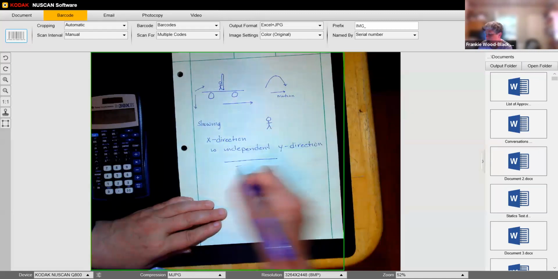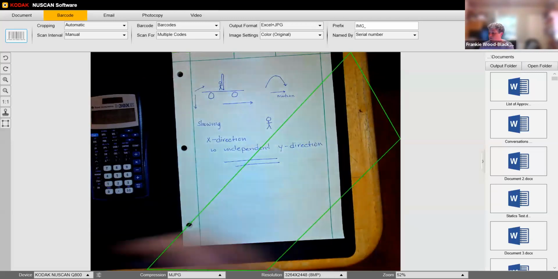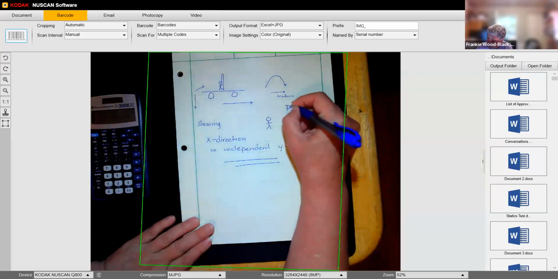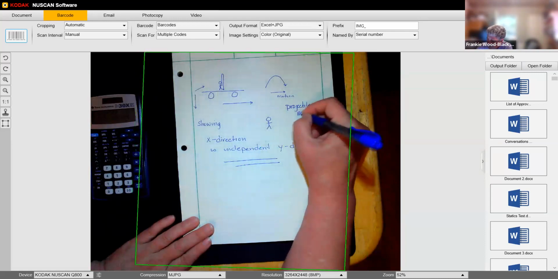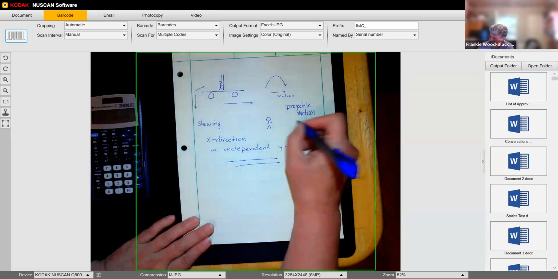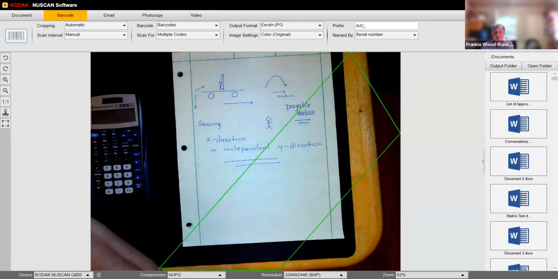And that independence is going to come into play when we start talking about projectile motion, which we're going to talk about on Monday.